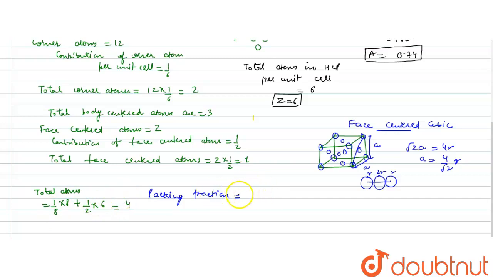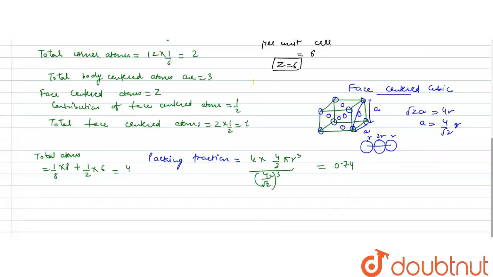Now we have to calculate the packing fraction for FCC. It would be 4 into the volume of the sphere, that is 4 by 3 pi r cube, and the volume of the cube, that would be a cube. So we can write a equals 4 by root 2 r whole cube, because we have calculated a, and after calculating this, it equals 0.74.